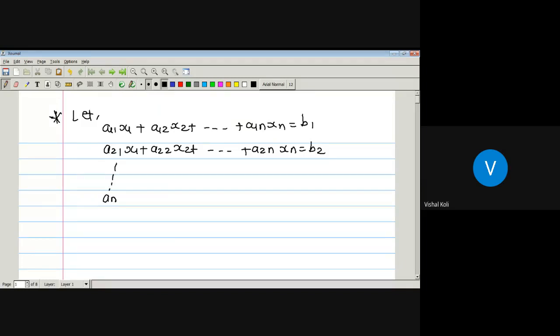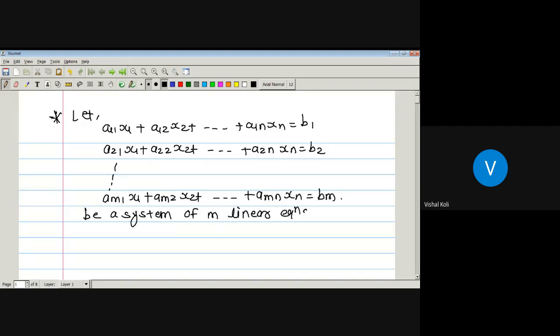The last one is am1 x1 plus am2 x2 plus up to so on amn xn, which is equal to bm. Be a system of m linear equations with n unknowns. Now we know how to write this in a matrix form.